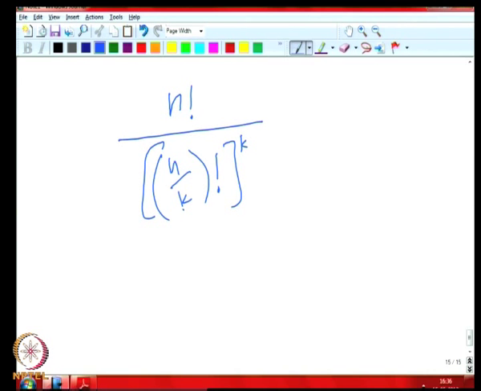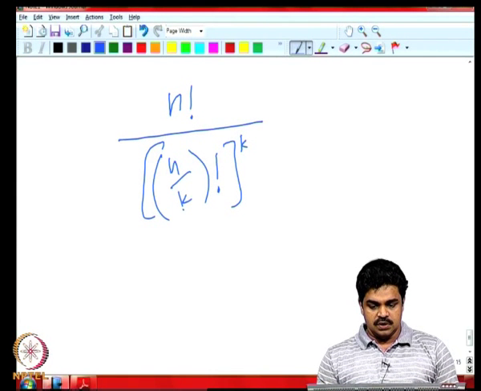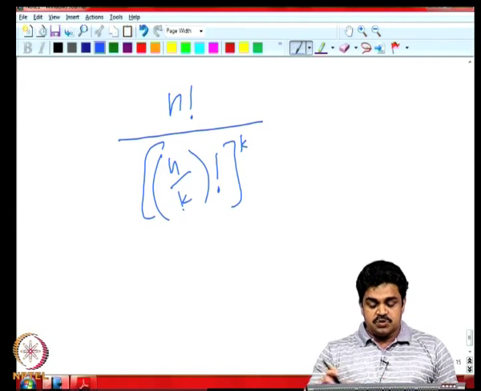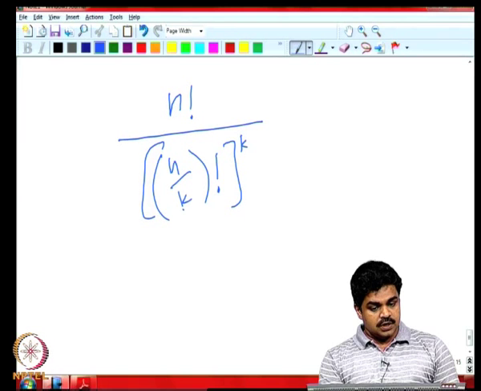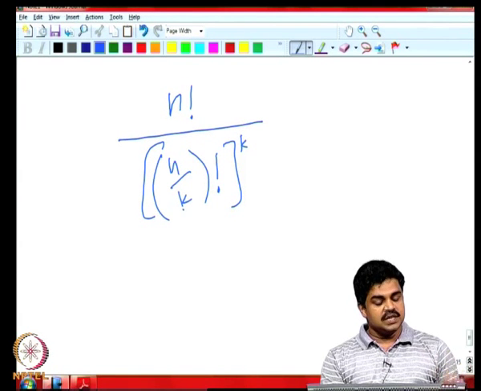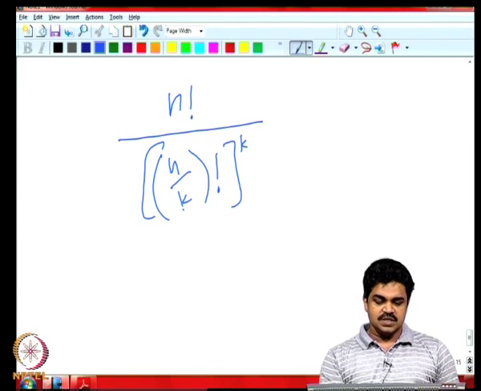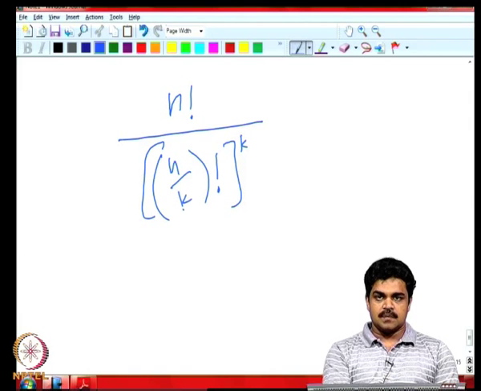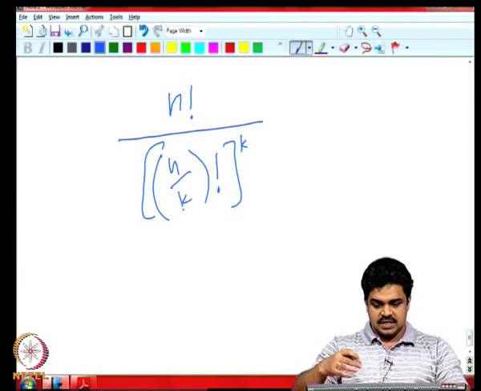We are seeing that when the boxes are assumed to be indistinguishable, each valid arrangement here would have given rise to k factorial different arrangements in the earlier situation, when the boxes were distinguishable. You can just assume that the boxes are placed in a row and the objects are placed inside the boxes.